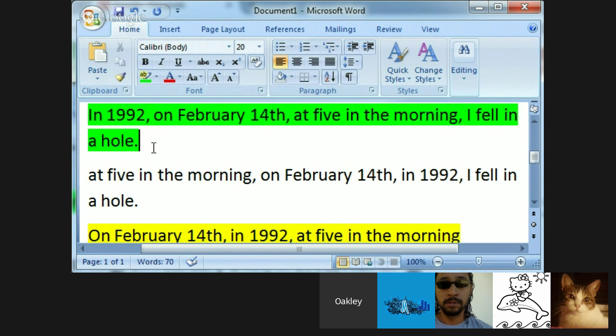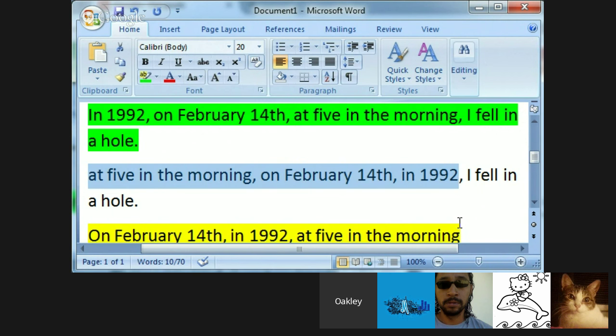If we're going to list a bunch of specific times like this, we would generally go from the big one to the more specific one, from a year to a month to a day to an hour, instead of the other way around. But you do have a point. It can be the opposite way as well. This is also okay, the opposite order, from the most specific time to the most general.